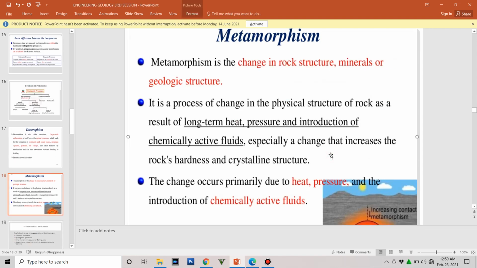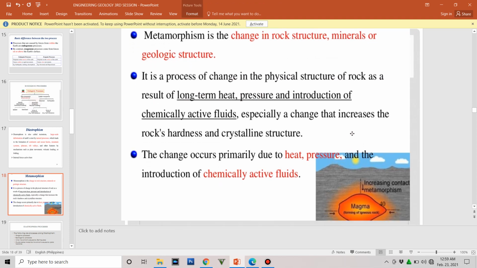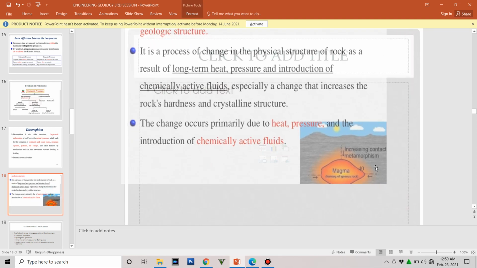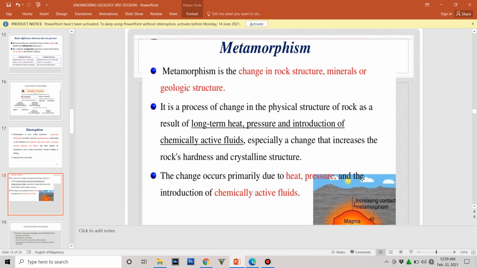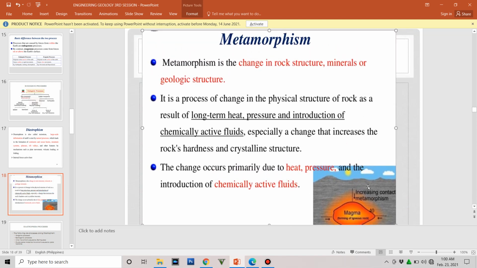So on metamorphism, let me first fix this one. This is the change in rock structure, minerals, or geologic structure. It is a process of change in physical structure of rock as a result of long-term heat, pressure, and introduction of chemically active fluids, especially a change that increases the rock hardness and crystalline structure.